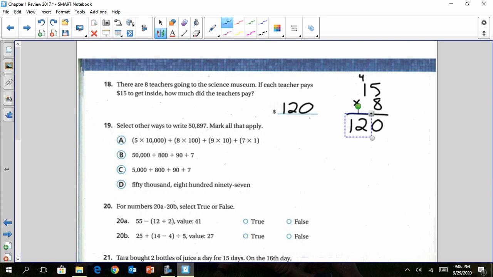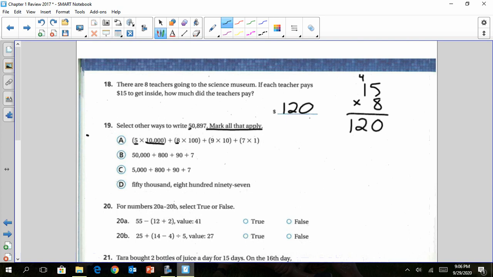Question number 19, select all the ways to write 50,897. Mark all that apply. Again, mark all that apply tells us we are going to have more than one correct answer. If you remember from the first time we did this problem, we're looking for place value. So the 5 is in the 10,000s place, which is correct.